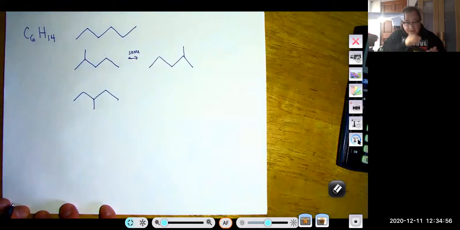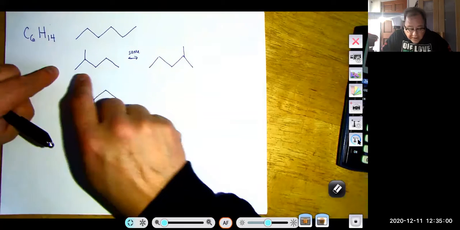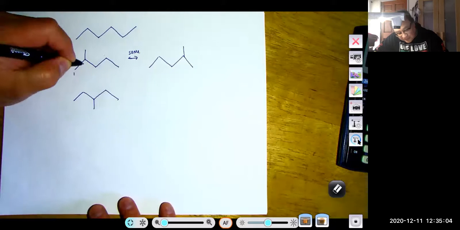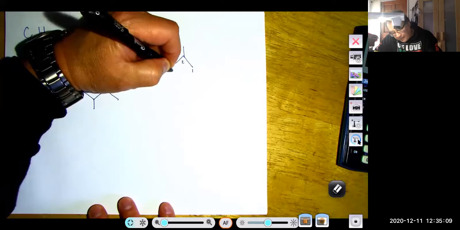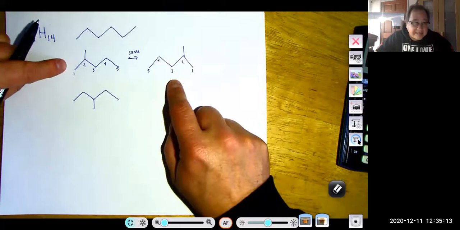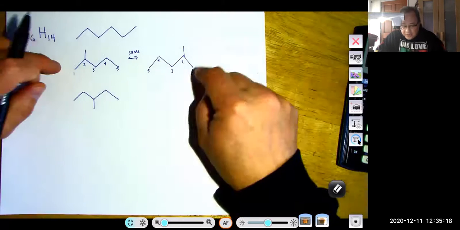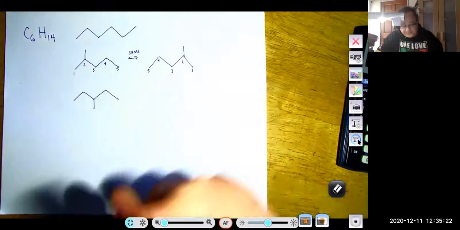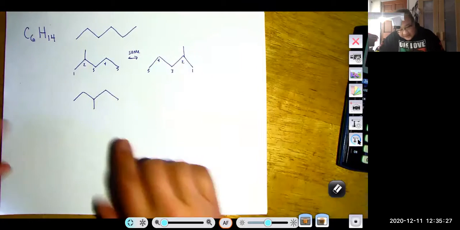And one of the ways you can tell they're the same is that when you number the parent chain end to end, you always start at the end closest to the branch. So these are the same. You can see that this guy comes off of carbon number 2 in both cases. So is there another fiver that we can draw? And the answer is no.